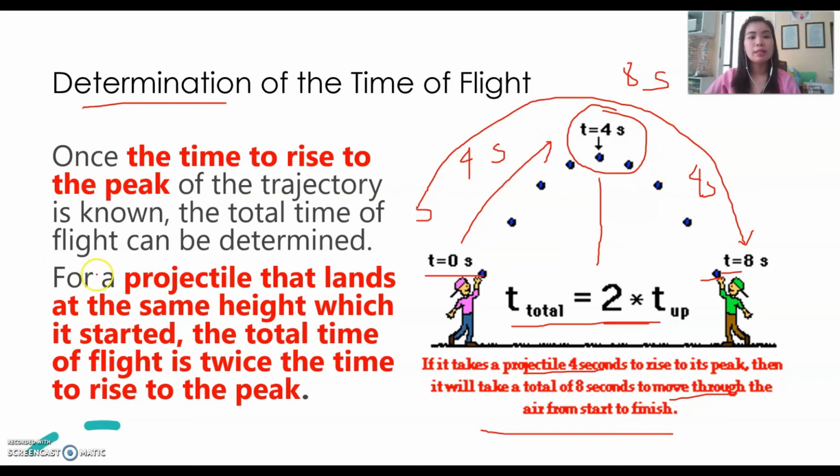Now remember that for a projectile that lands at the same height from which it started, the total time of flight is twice the time to rise to the peak. Same height, so the total time is twice the time up to the peak, multiplied by 2, equivalent to 8 seconds from start to finish.